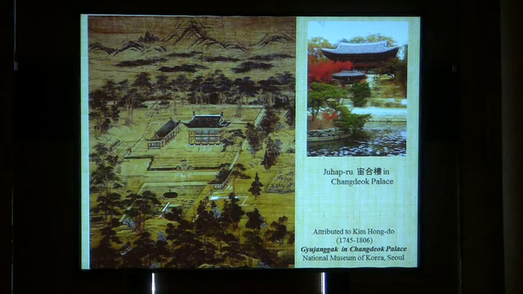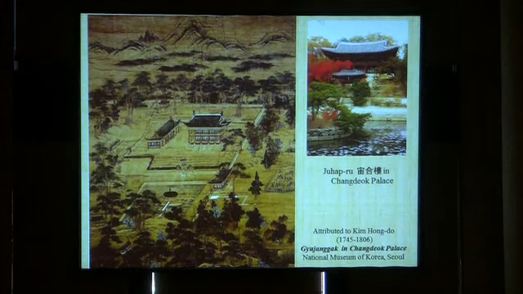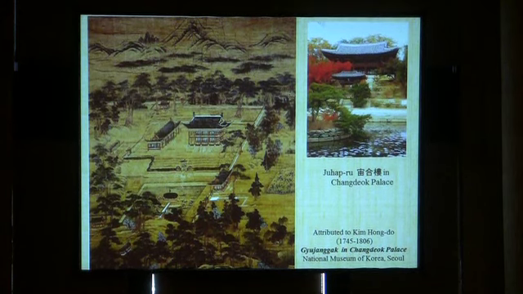Now, we call the ones in Kanghwa Island Ue Gyujanggak, whereas there is a place called Gyujanggak without the prefix Ue, which means outer.